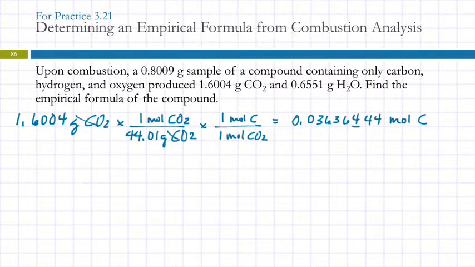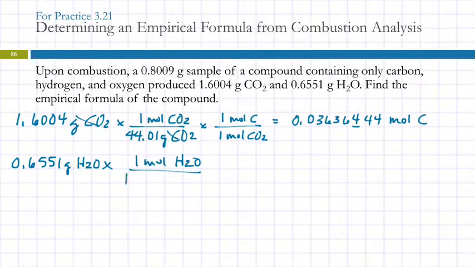And then I find moles of hydrogen from the mass of the water, 0.6551 grams of H2O, times 1 mole of H2O, divided by the molar mass, 18.016 grams of H2O. Again, that one's stuck in my head. And then we look at the formula, H2O, so there's 2 moles of hydrogen to 1 mole of water.